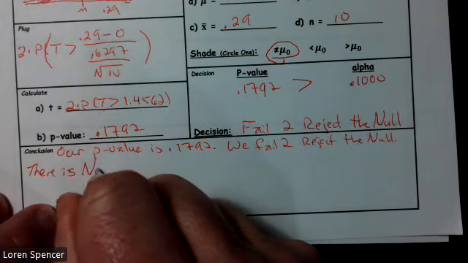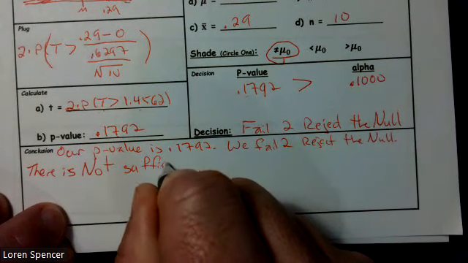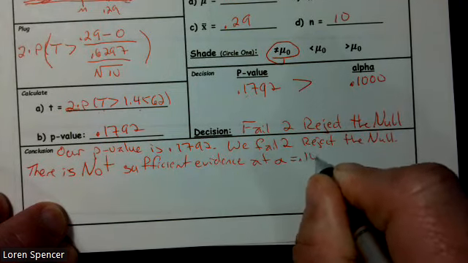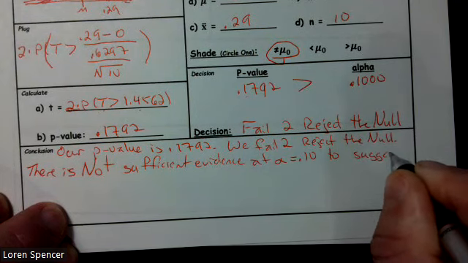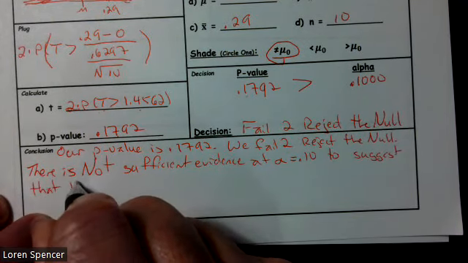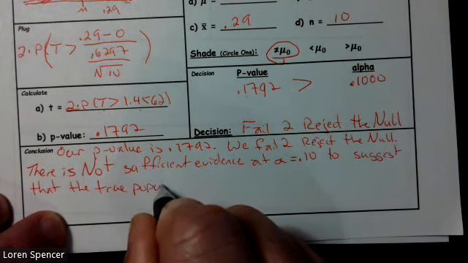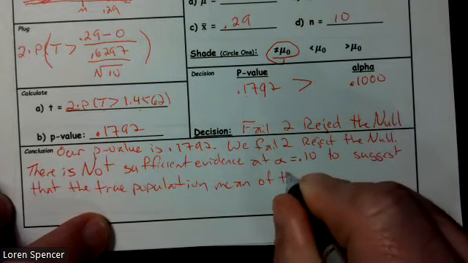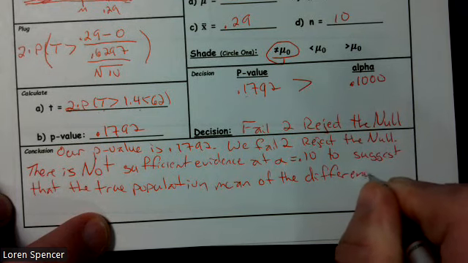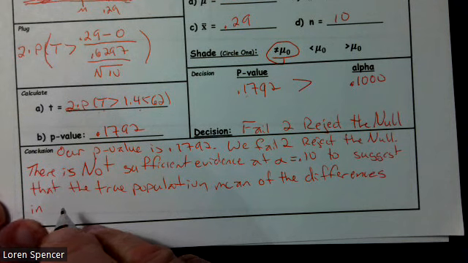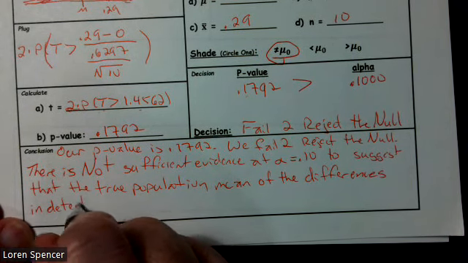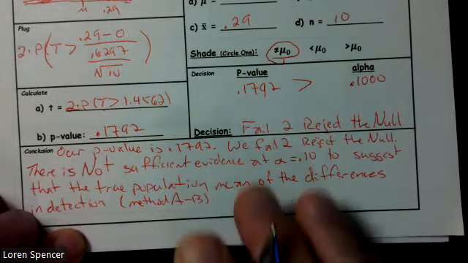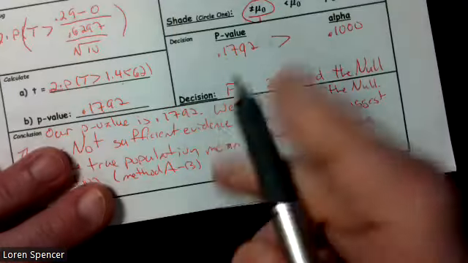Be careful here, we failed, so there is not sufficient evidence at alpha equal 0.10 to suggest that the true population mean of the differences in detection methods, method A minus B. Now, what did we say is different than 0?